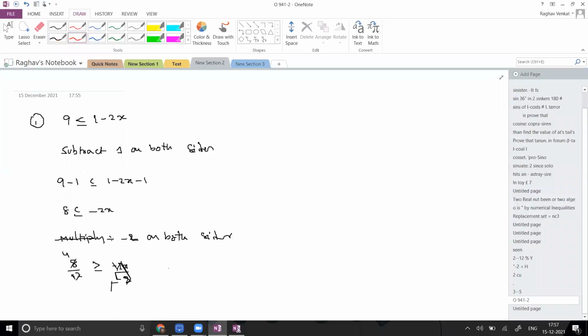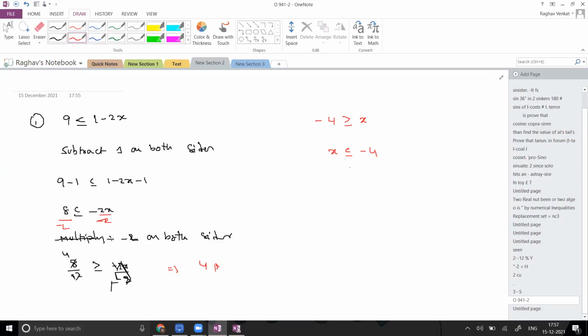What will I get here? 4 greater than or equal to x. No, minus 4 greater than or equal to x. That is x less than or equal to minus 4, because 8 divided by minus 2, minus 2x divided by minus 2.